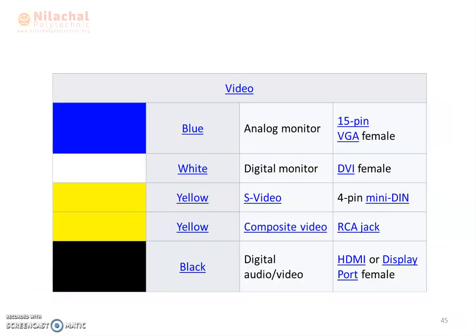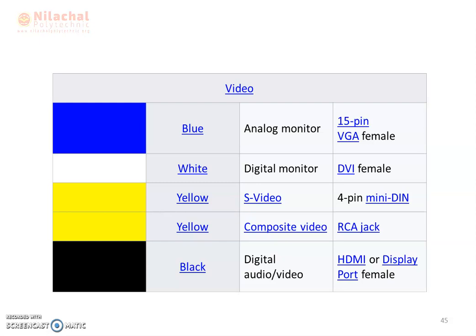Next, we will be discussing the video ports. First comes the analog monitor. This is a 15-pin VGA female port, that is, video graphics array female port, which is of blue color. We have already seen these ports. This is a 3-row pin port, normally found on video cards, computer monitors, projectors, or any high-definition television sets.